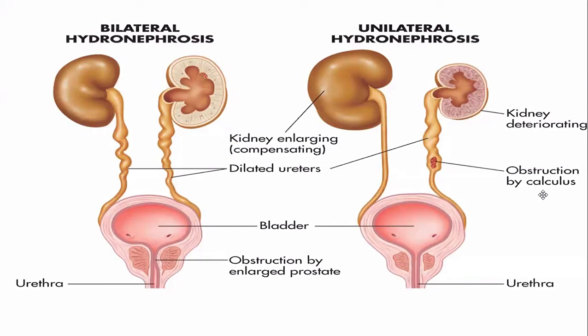Simply because of the pressure that is created there. And then you will have tubular necrosis, a death of your nephrons. That's why you will end up with a small kidney, or the so-called end-stage kidney disease.